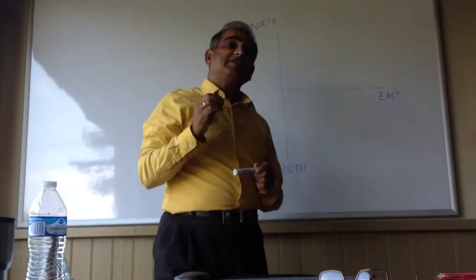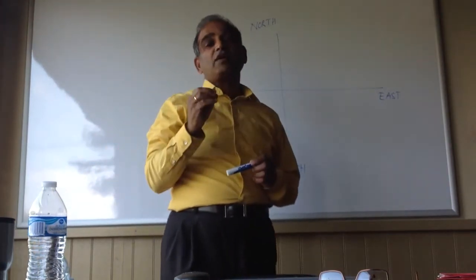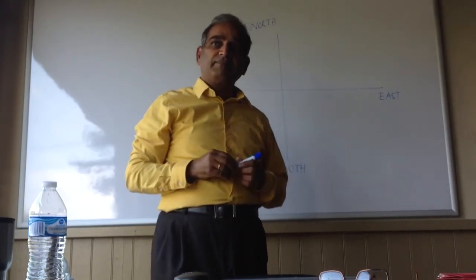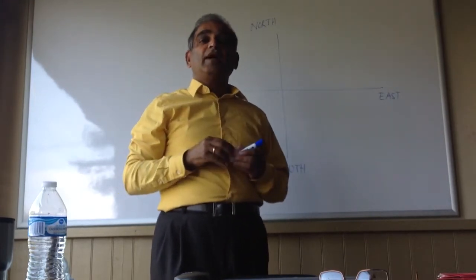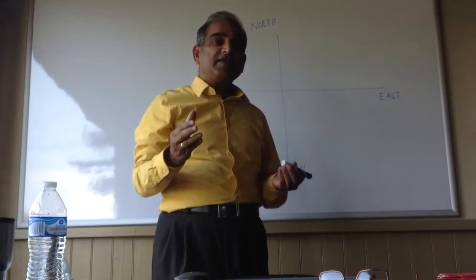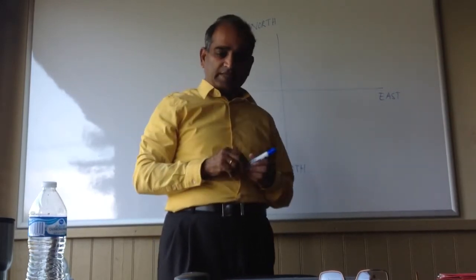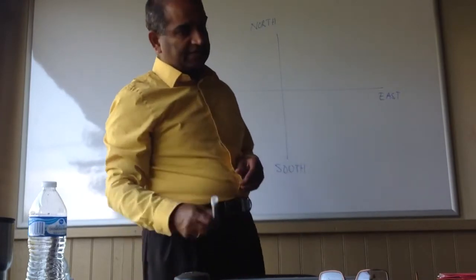I want to represent a vector, a physical quantity which has 10 units of magnitude and makes 30 degrees with respect to east towards the north. How do I represent that?